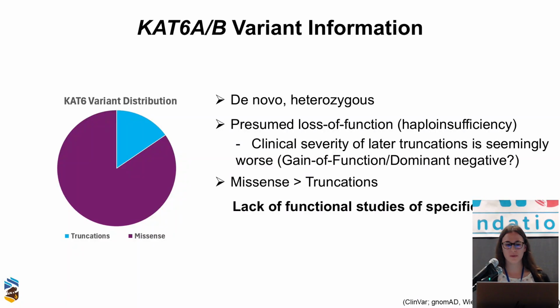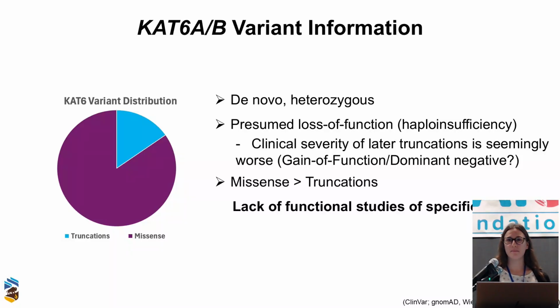What we also know is that the later truncations, as the first presenters highlighted, often seem to have a worse clinical picture, and that's because there may be gain of function. What that means is that due to the genetic change, there's a new activity in the KAT6A or B gene. And most of you may know that there are different types of genetic changes.